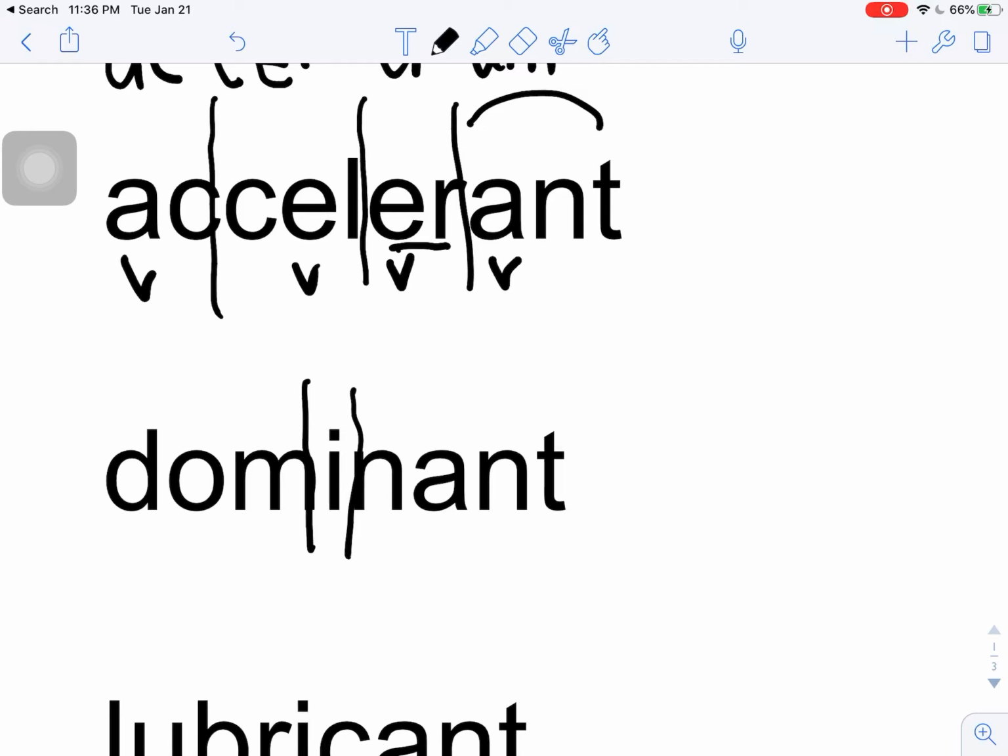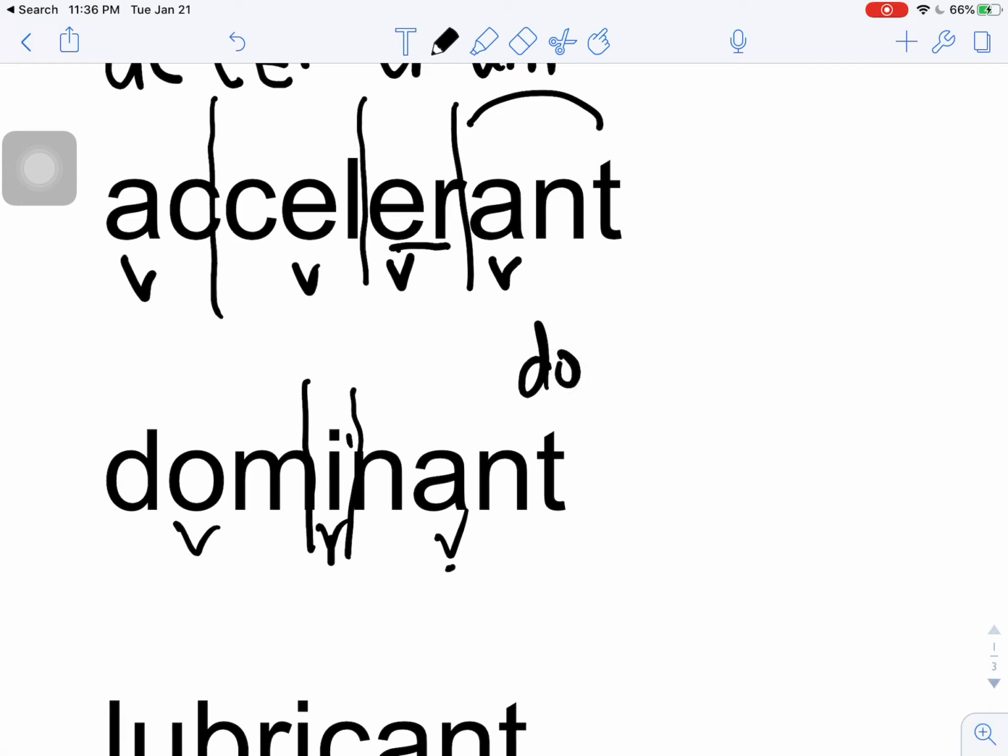And the reason I will do that is I have taught the rule, if I'm thinking about my vowels again, that if there's one vowel here and one vowel here and one consonant in between, we generally split in front of the consonant. So dominant. And we hear it clearly.